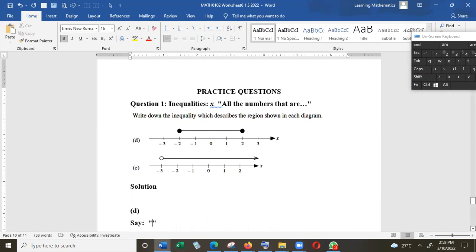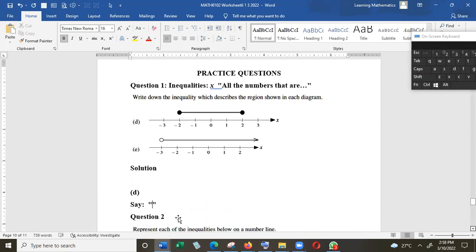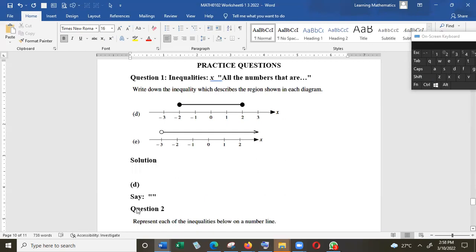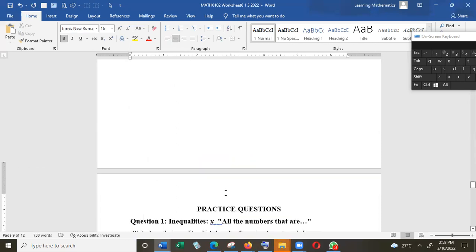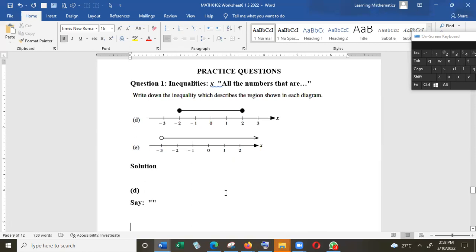Okay, now let's look at this diagram. What can we see? Part D. Let's come back up. What do we see?